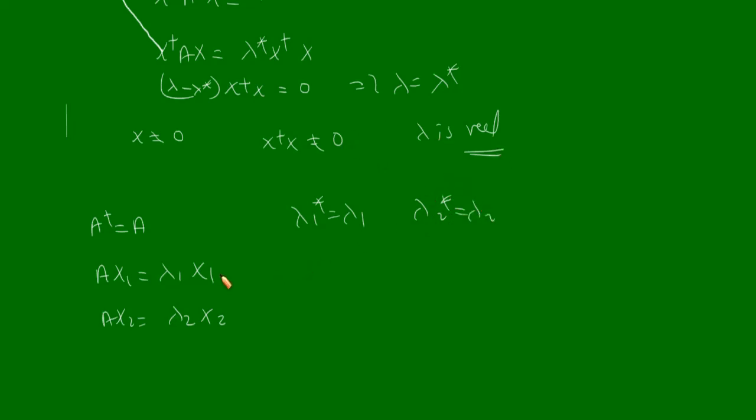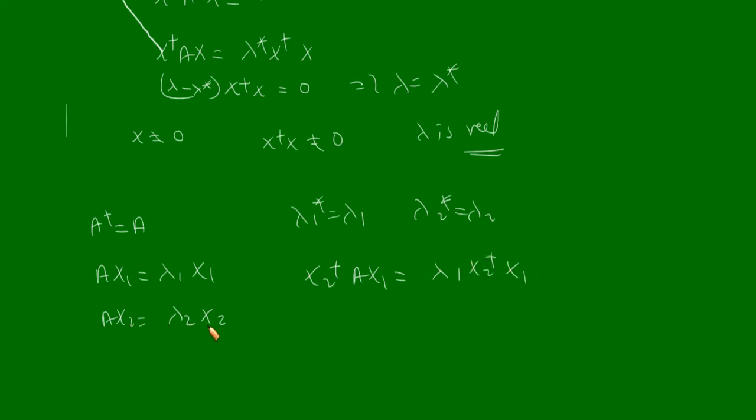Okay. Now let us pre-multiply the first equation by x2 dagger and the second equation by x1 dagger. Then if I pre-multiply the first equation by x2 dagger, x2 dagger A x1 will be equal to lambda 1 x2 dagger x1.